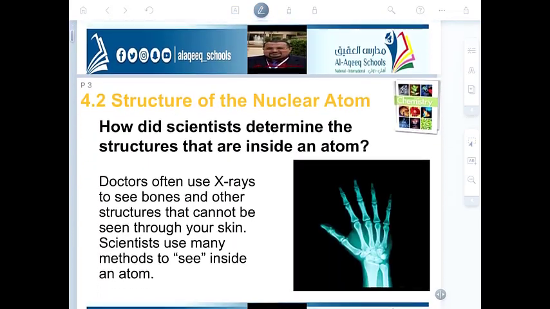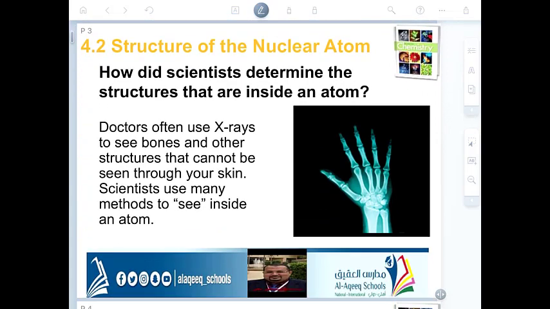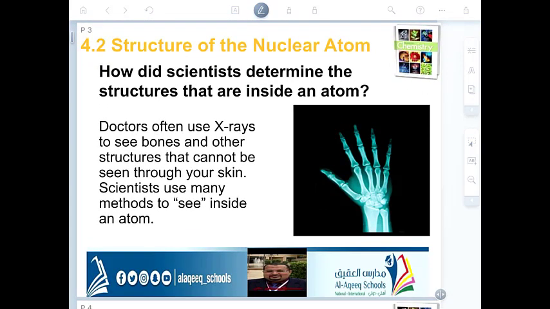Today we are starting lesson 2 of chapter 4. Lesson 2 is talking about the structure of the nuclear atom. The scientists determined the structure of the atom, or we can say what is inside the atom, by using experiments.